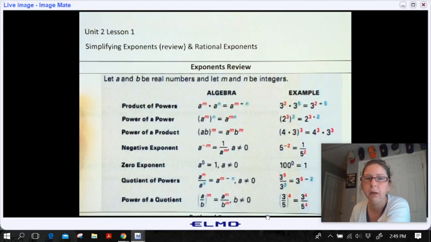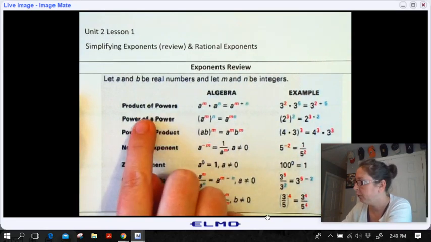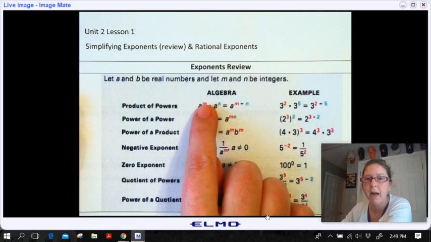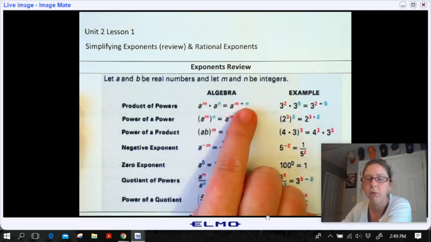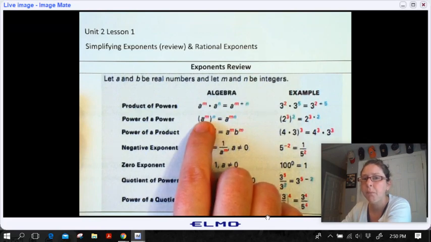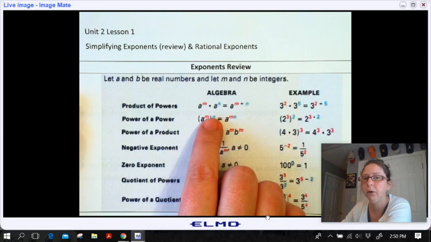So, like the product of powers, when you're multiplying two bases that are the same, you add the two exponents, okay? If you're multiplying a base or bringing a base to a higher power, then you multiply the exponents.